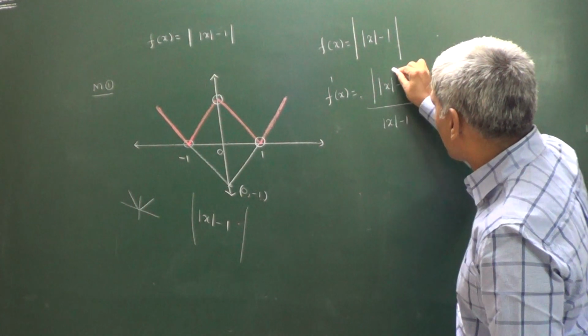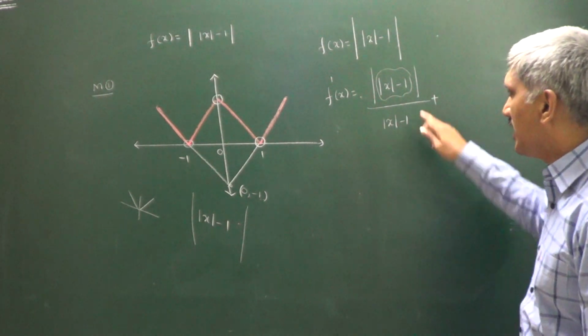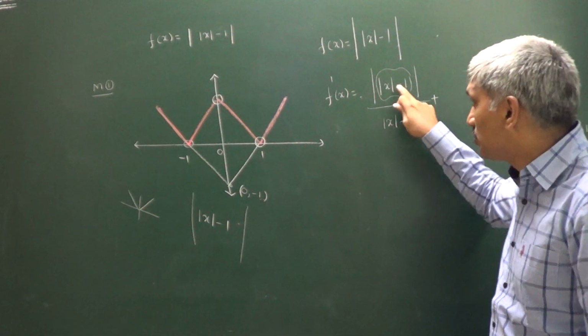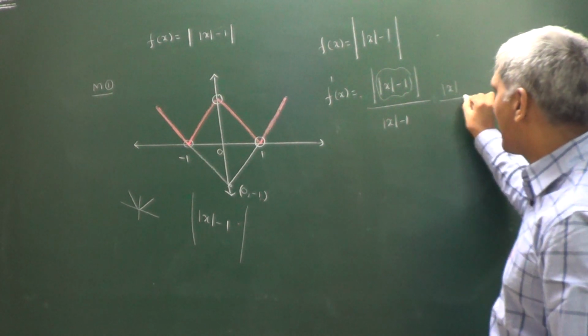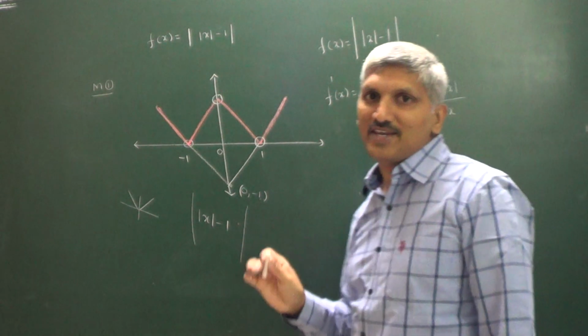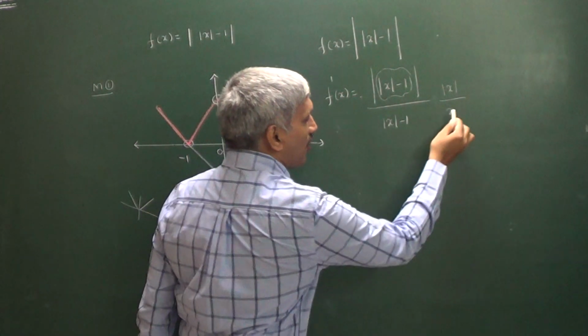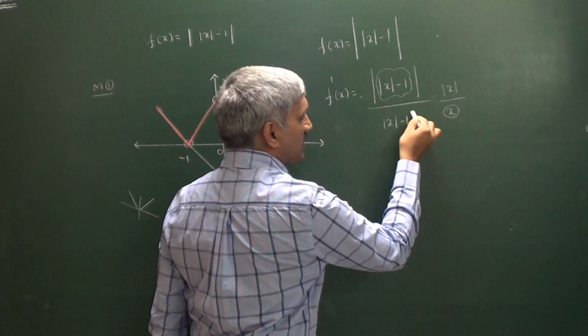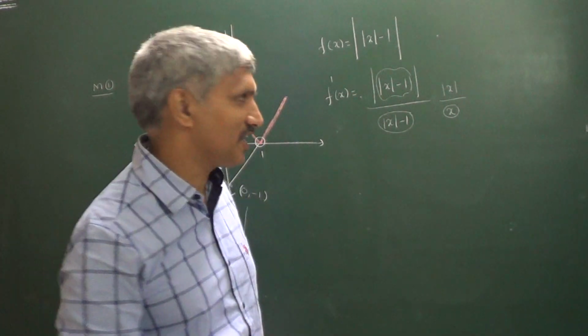Now this is the inner function. Come on, tell me what about the inner function differentiation? It's a constant, differentiation 0. Mod x differentiation is mod x divided by x. Tell me when f dash does not exist: when the denominator is 0, its differentiation does not exist.